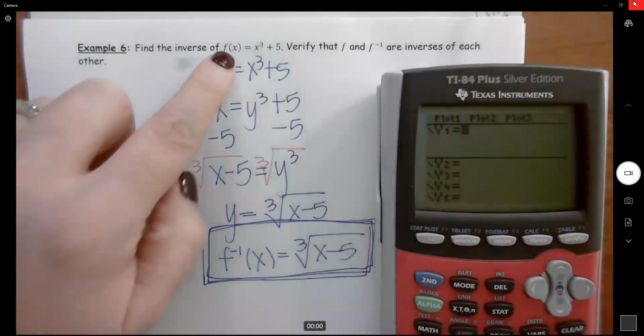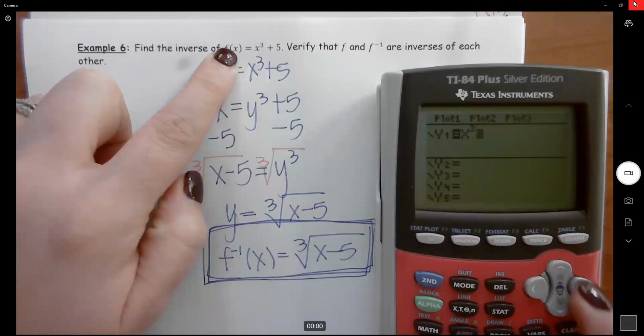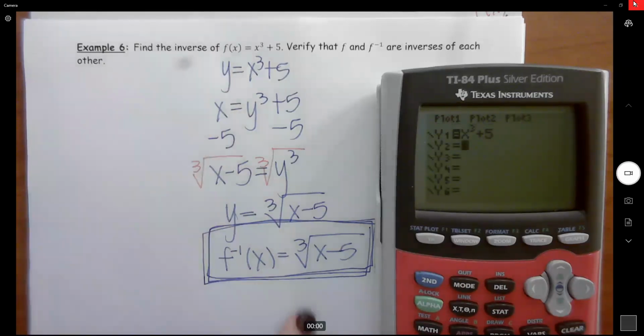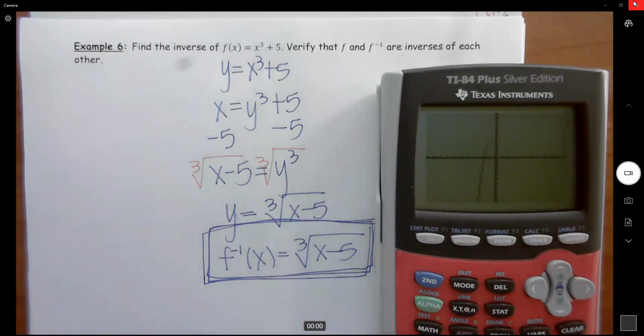If I put in my function, x cubed plus 5, put in your inverse, the cubic root of x minus 5, you can graph that. And there's my inverse.